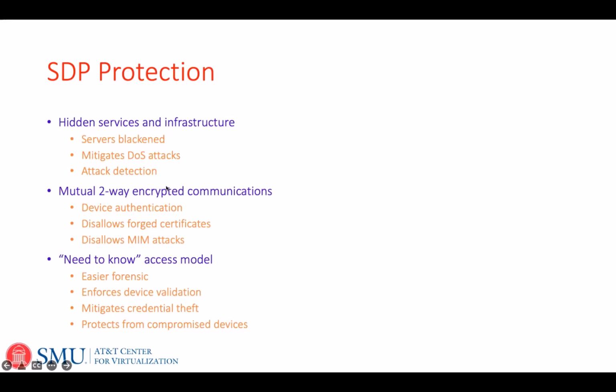And attack detection, whenever there is an attack, you can detect it because people are trying to connect to it without an SPA. We talked about the mutual two-way encrypted communications. What I haven't talked about is device authentication. SDP requires a device authentication too.